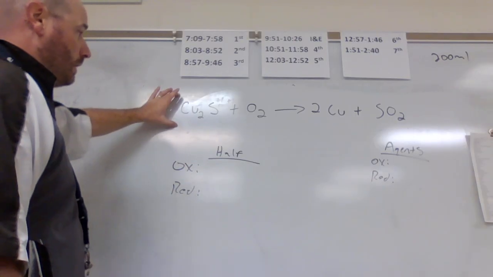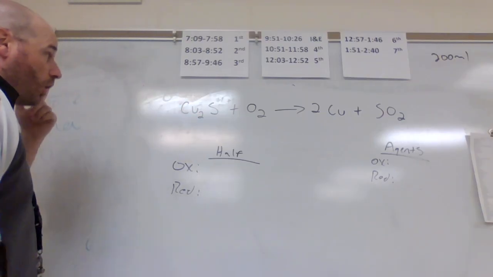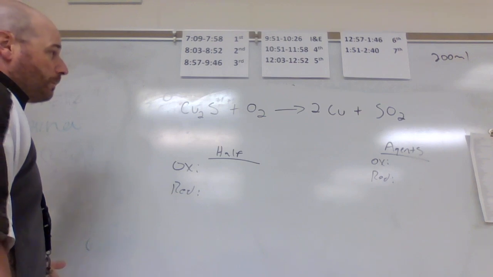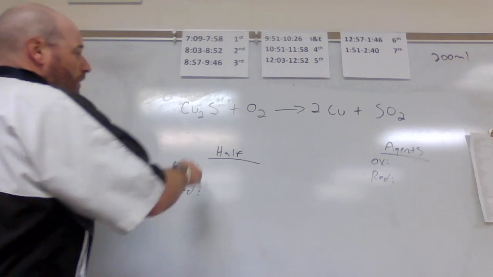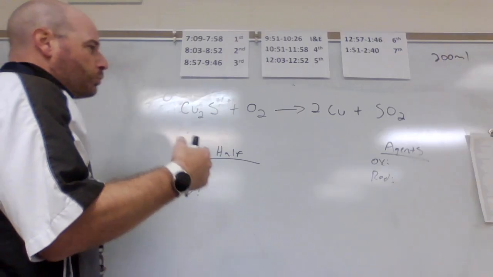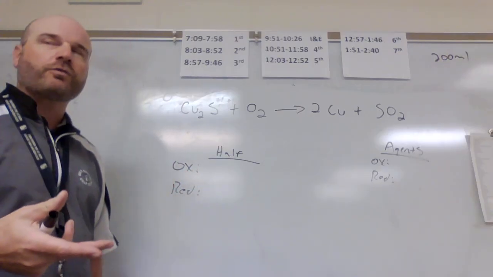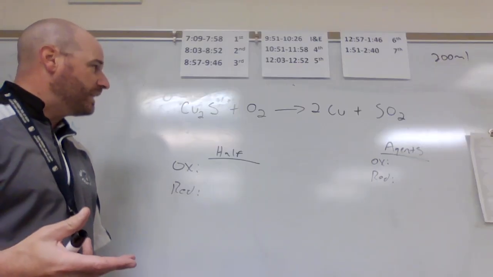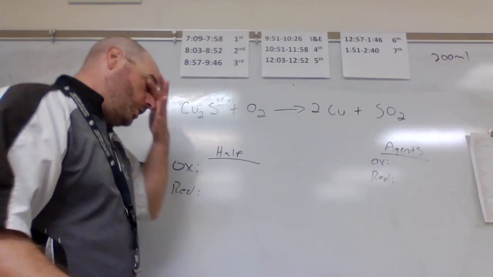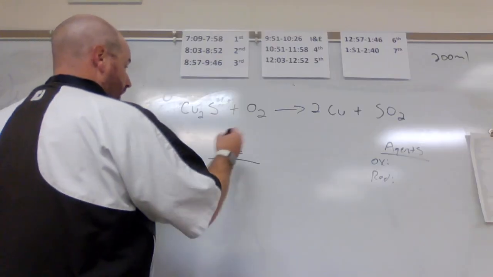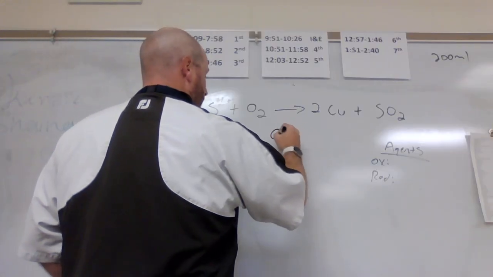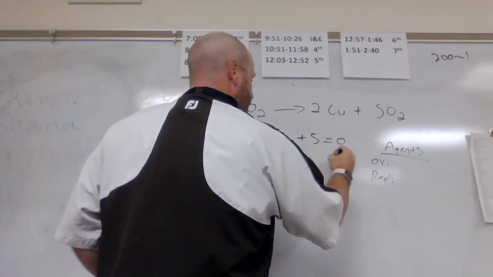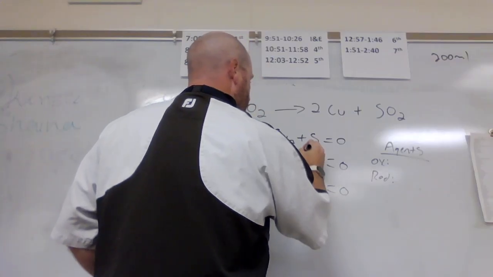Okay, copper and sulfur. So in this case, we look at copper and sulfur. Now, we don't have that rule necessarily that we've been going over for sulfur per se, but just look at the group that sulfur is in, and that will help you solve this. So Cu2S is going to be equal to 0 because there's no charge on it.